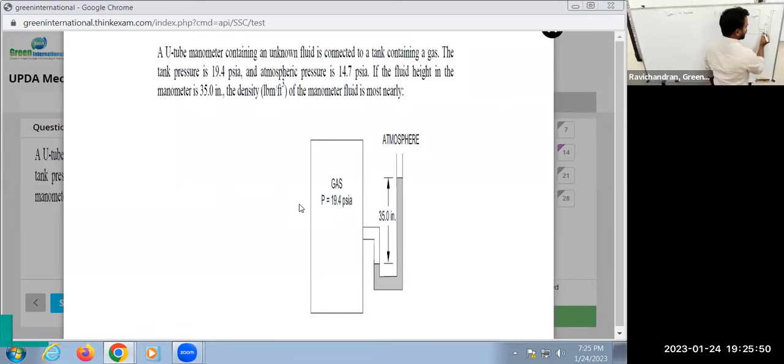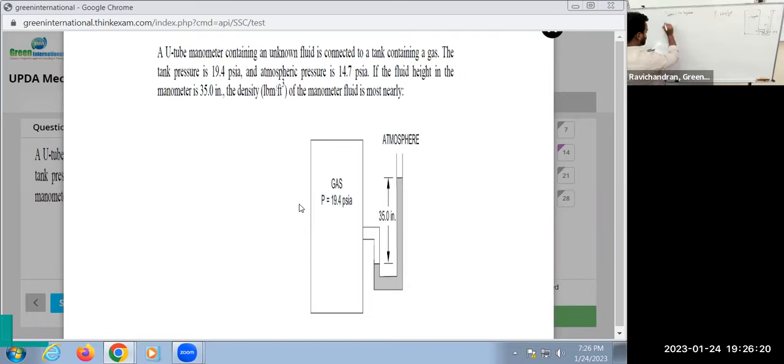If the pressure at this point is 19.4, can I say this pressure is also 19.4? Correct? It's Bernoulli's equation. So both fluids at the same level will have the same pressure. So I can consider this also as 19.4.